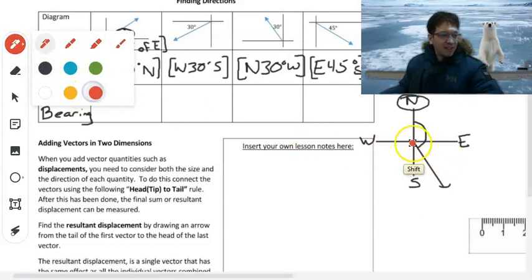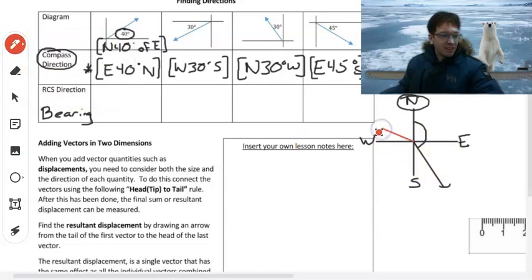If I were to give you a vector like this, you would say what this angle is. You simply say the angle, and it just means clockwise from north. In this case, you'd need to figure out what that angle is. 90 minus 40 is 50, so you're just going to write 50 degrees. That's it, from true north.